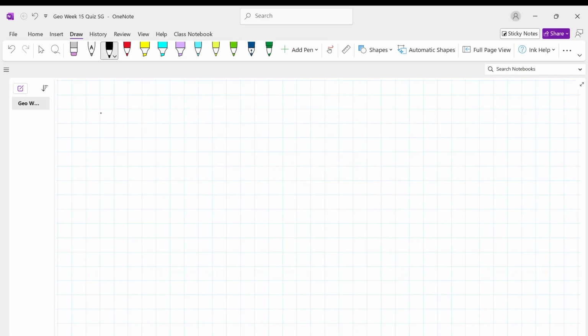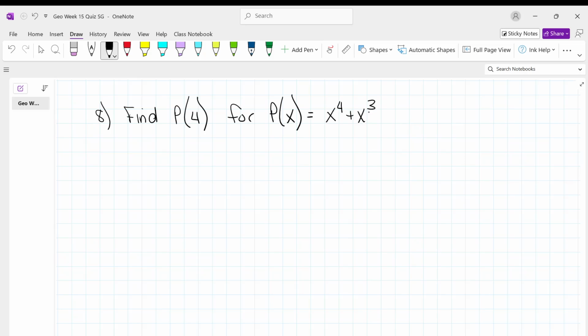Problem number 8 says use synthetic division to find P sub 4 for P of x is equal to x to the 4th plus x to the 3rd plus 10x squared plus 9x minus 6.